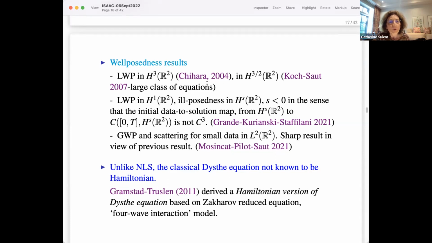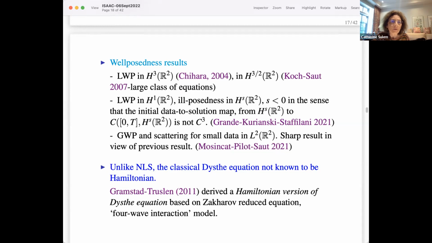Going back, the first results were due to Chiara about local well-posedness of classical solutions in Sobolev space H3. This H3 was lowered to H3/2 by Koch and So, and it was done for a large class of equations.